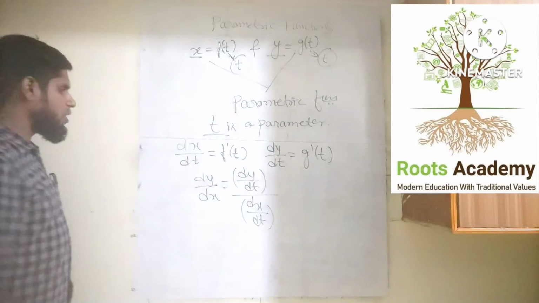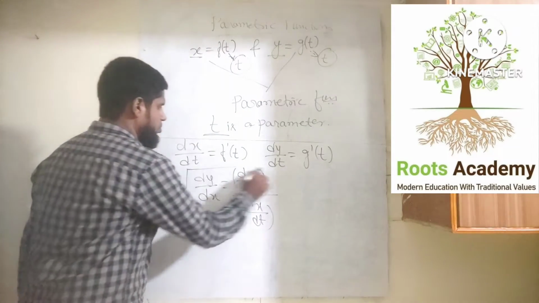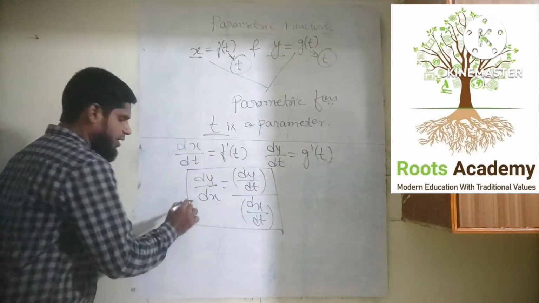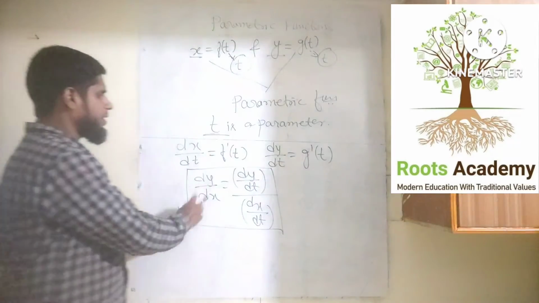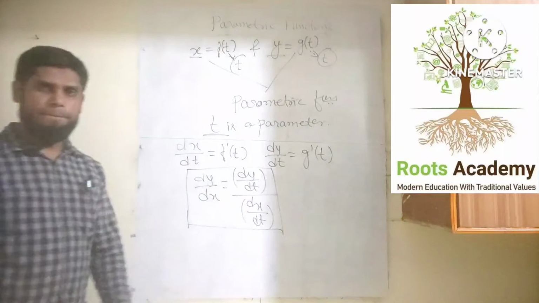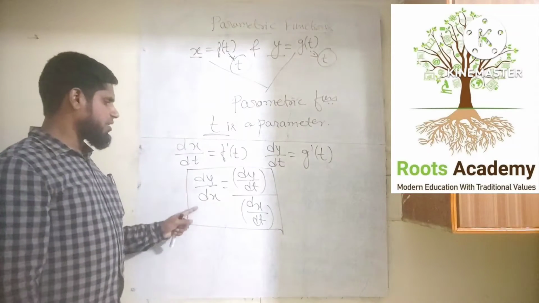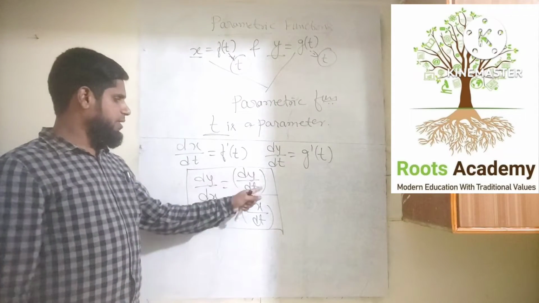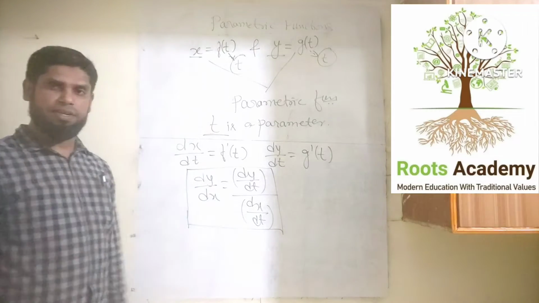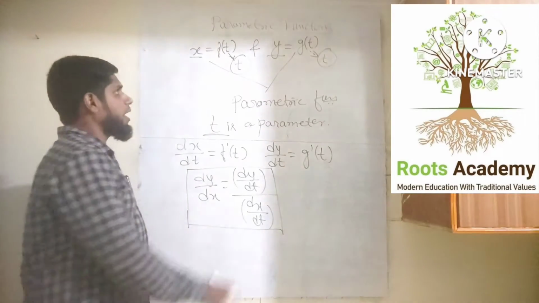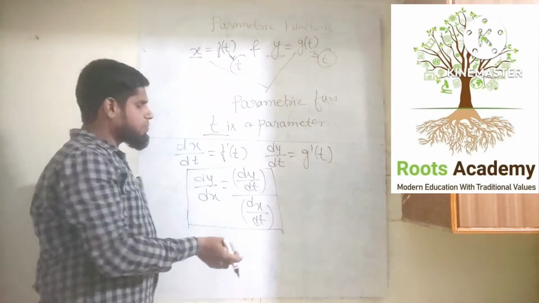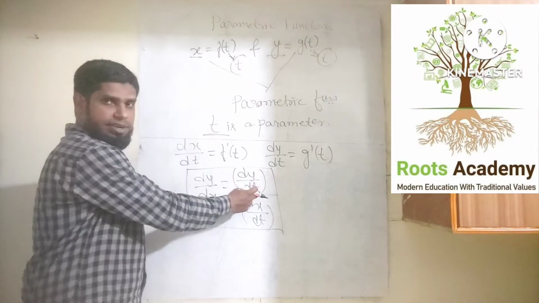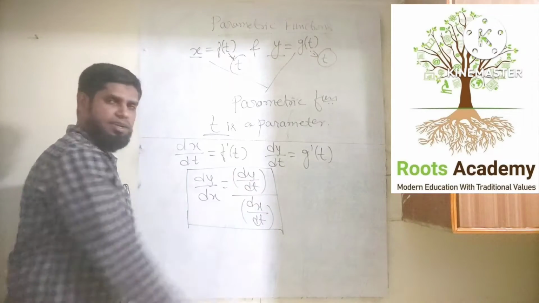This is the formula we will use to find dy by dx in parametric functions. If time is the variable, dy by dx is equal to dy by dt divided by dx by dt. If theta comes, then obviously it is dy by d theta divided by dx by d theta.